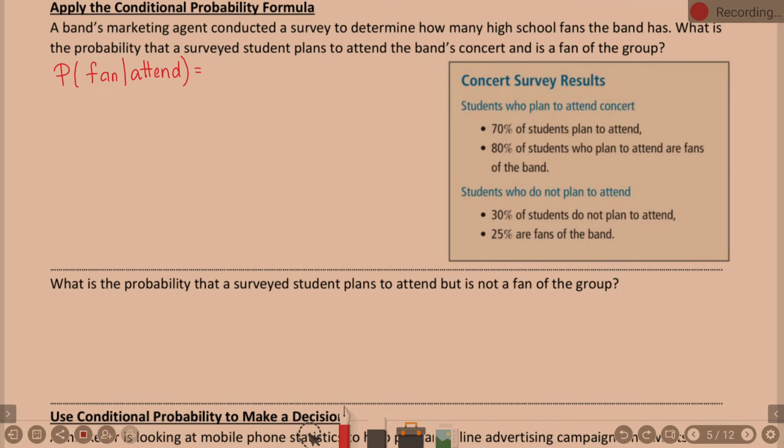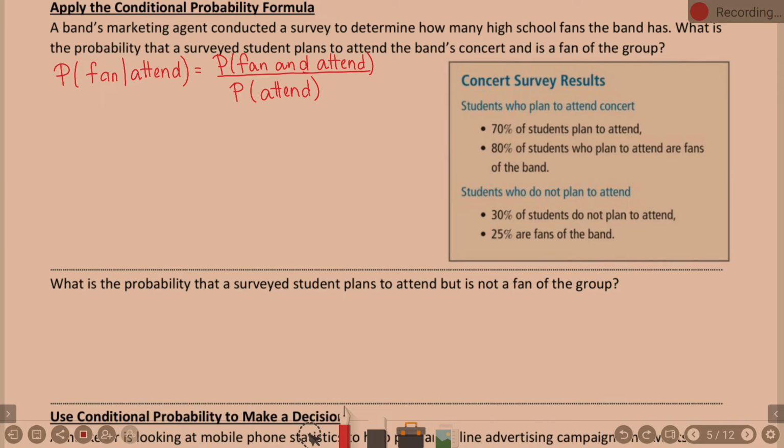If you're finding this, okay, on top it's going to be the probability of fans and attending. The denominator is going to be the probability of attendance, or that someone is attending. Okay?